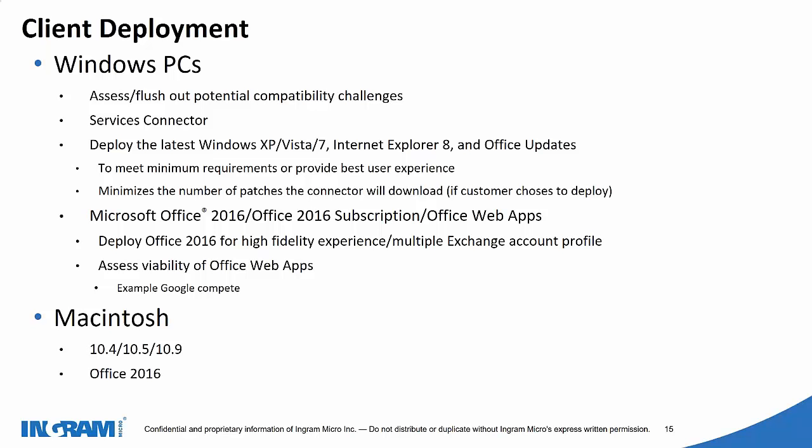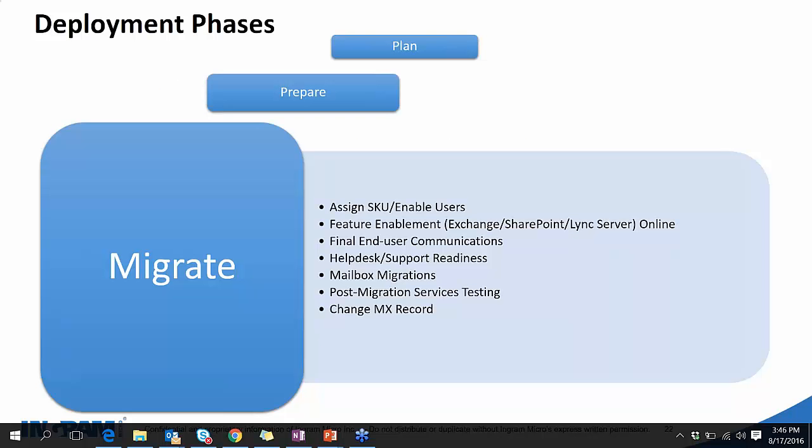And obviously feature enablement, like email enablement, SharePoint enablement, or Lync, Skype for Business enablement for the users, and final end user communication, basically giving them the final heads up that after the weekend this would be their new email details, and if they are not using Outlook, they have to log in to portal.office.com to check their emails. And provide them the help desk or support number or email addresses, then do the migration, and after that post-migration services testing so that everything has been migrated.